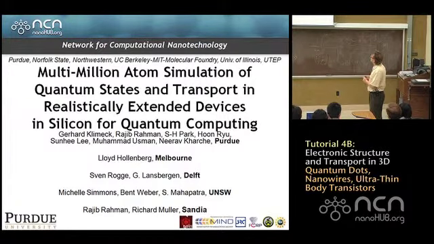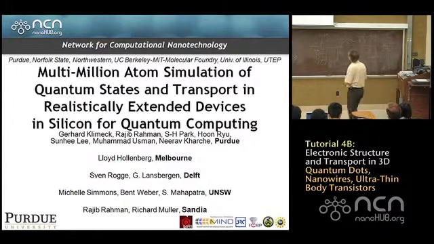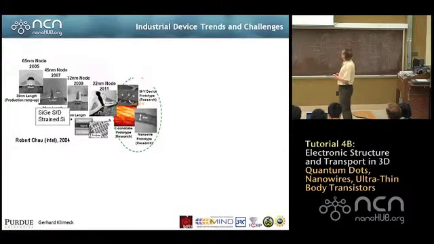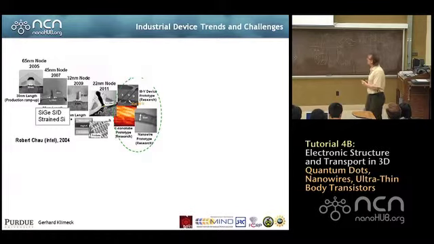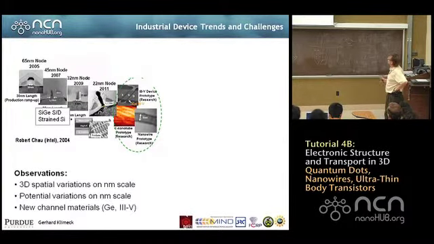So the title is Multimillion Atom Simulations of Quantum States and Transport in Realistically Extended Devices in Silicon for Quantum Computing.